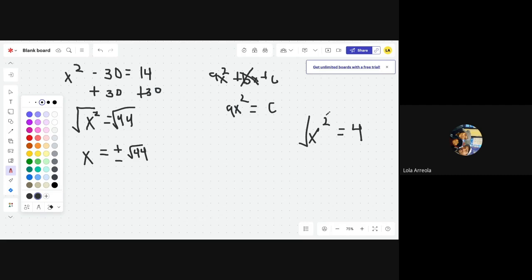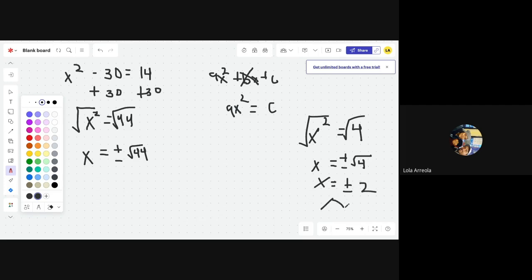So again, if I were to solve for this, I get x is equal to the positive and negative version of square root 4. And then if I were to simplify this further, I would see that I have the positive and negative version of 2, which is 2 problems, right?